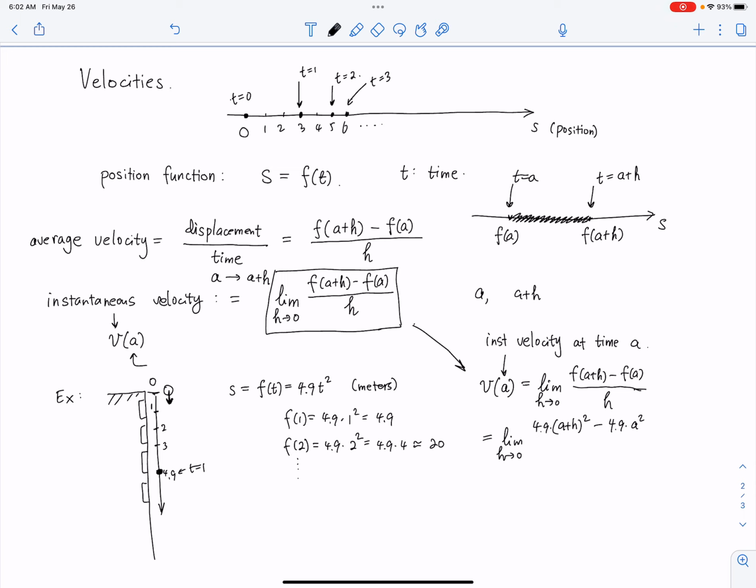And that difference here is the change in position, and the ball covers that distance in h seconds. Okay, so this is simply a plug-in for this instantaneous velocity.